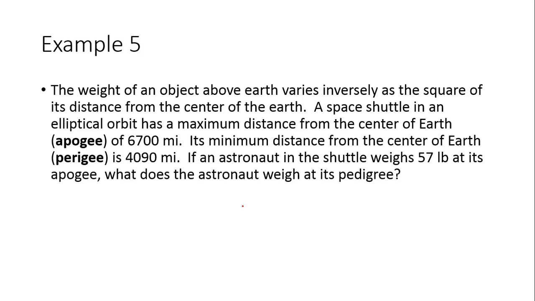Alright, so this example talks about a space shuttle orbiting. You basically have Earth, and it's making an elliptical orbit. It's supposed to be an ellipse, but it's not easy to draw.